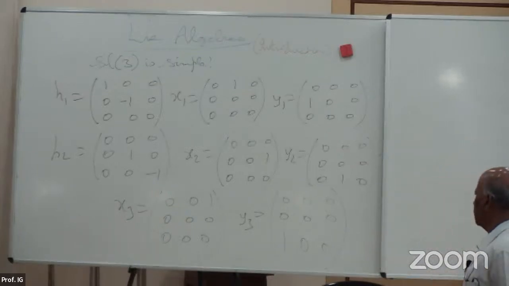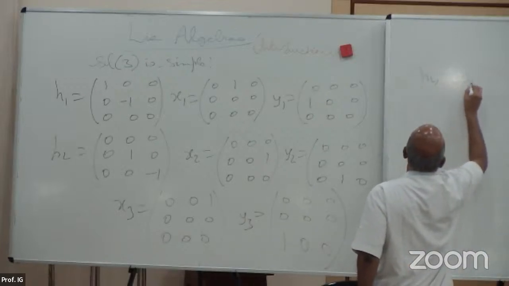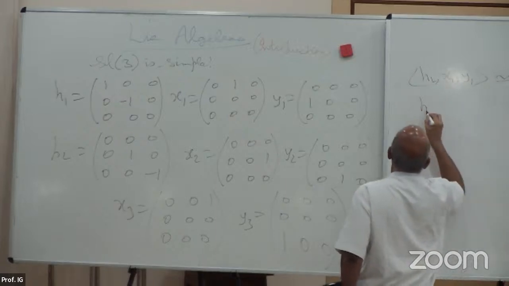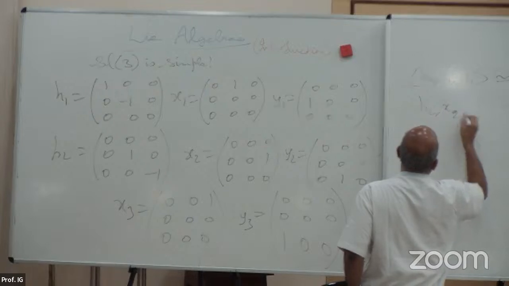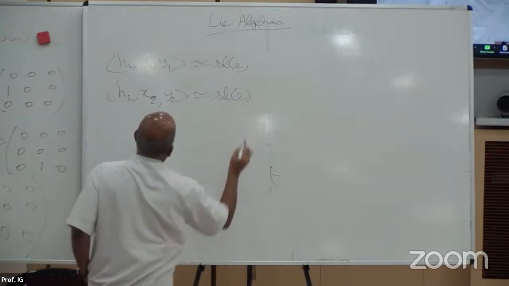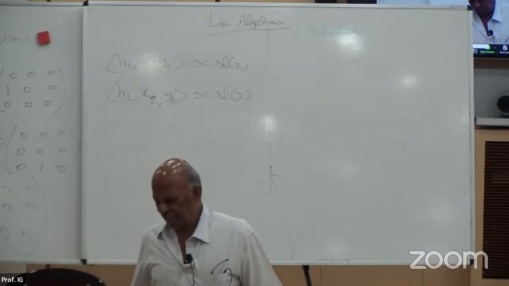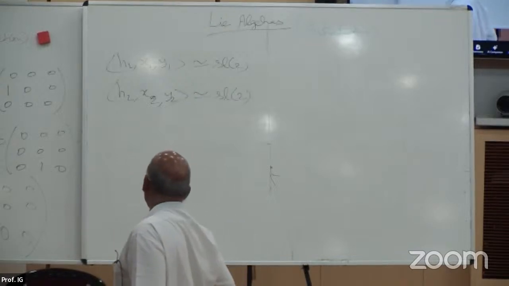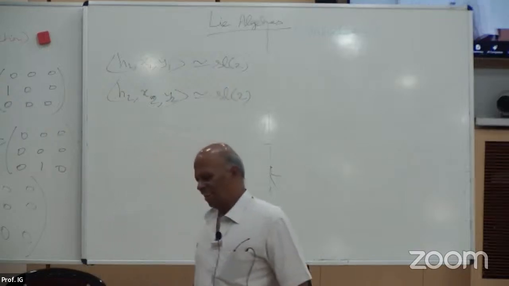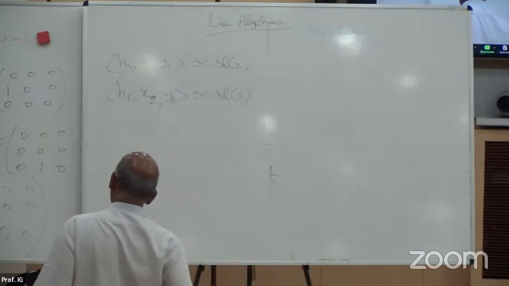At least the first two things are copies of SL2: H1, X1, Y1 is SL2, and H2, X2, Y2 is another copy of SL2. Okay, it's very easy to see because of the way it is written. Very, very nice. Since we have done already the SL2 calculation, we don't have to calculate again for H1, X1, Y1 or H2, X2, Y2.